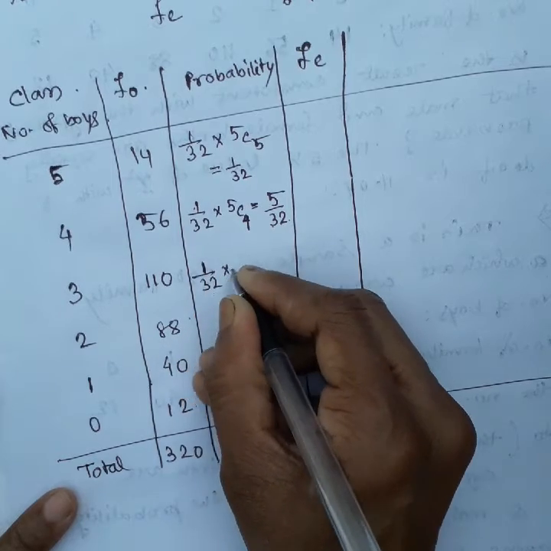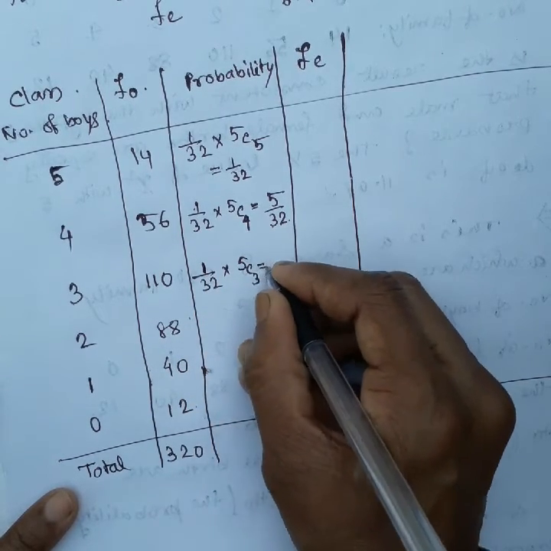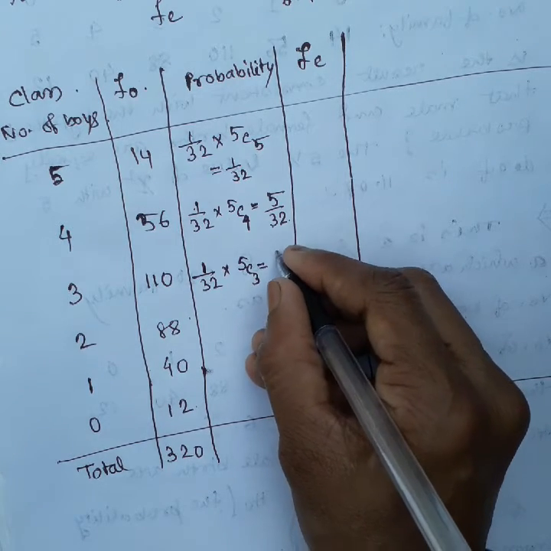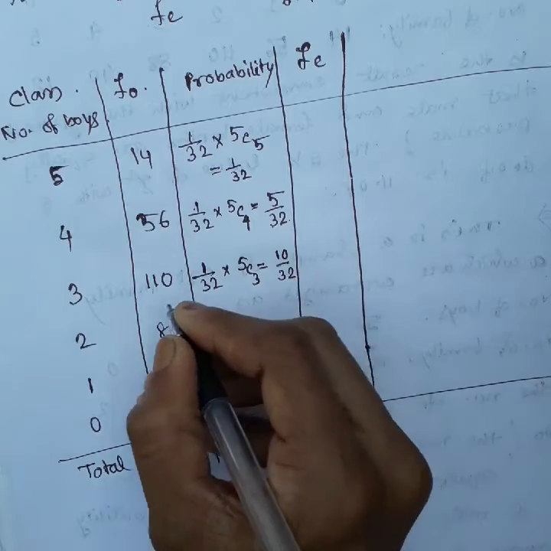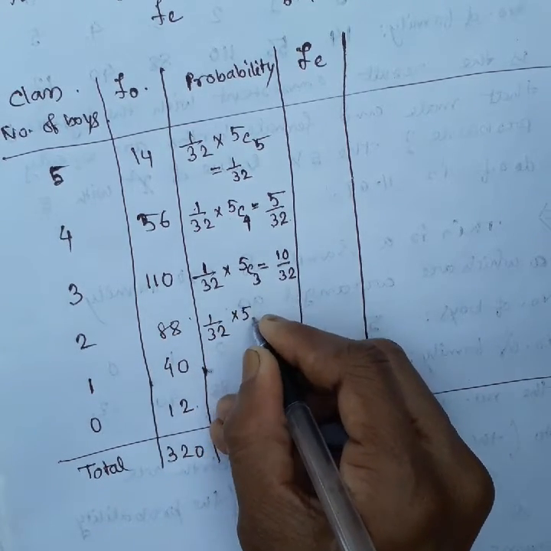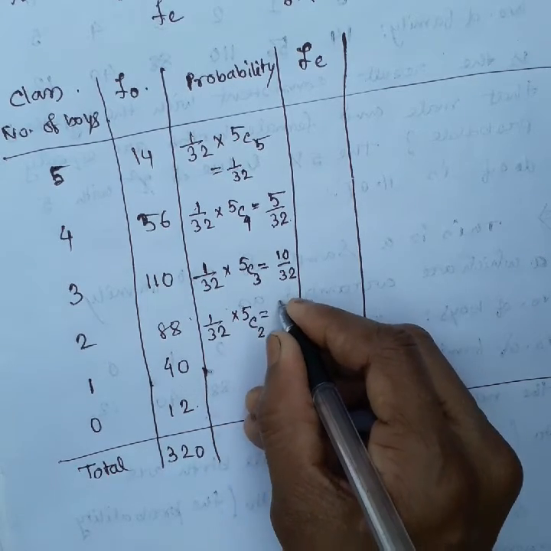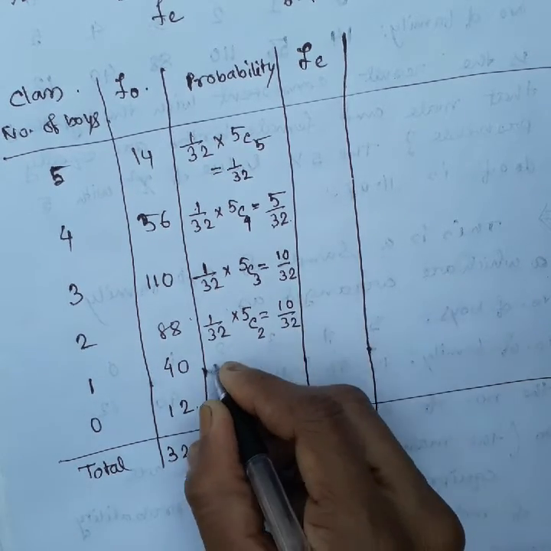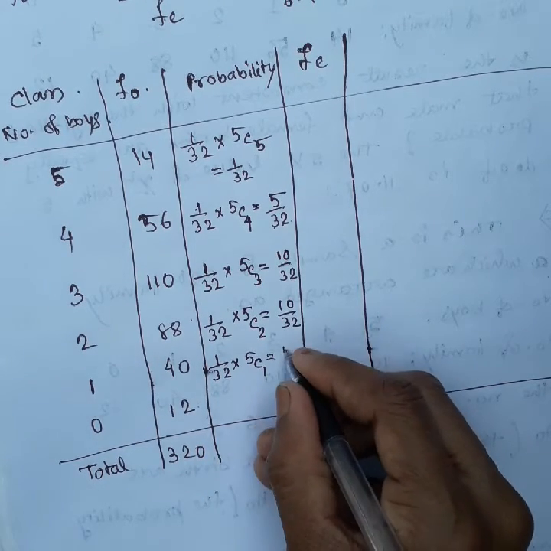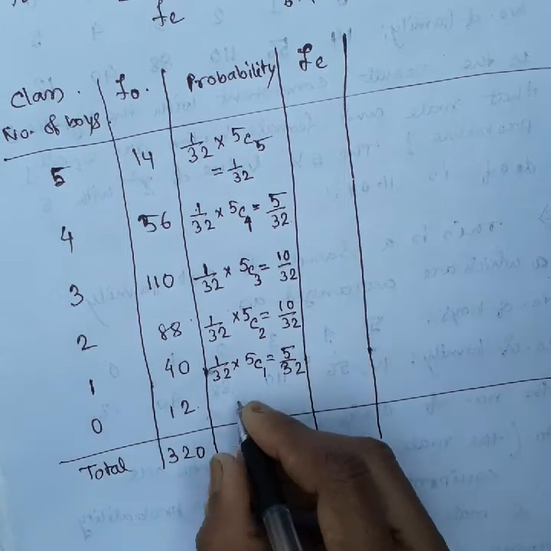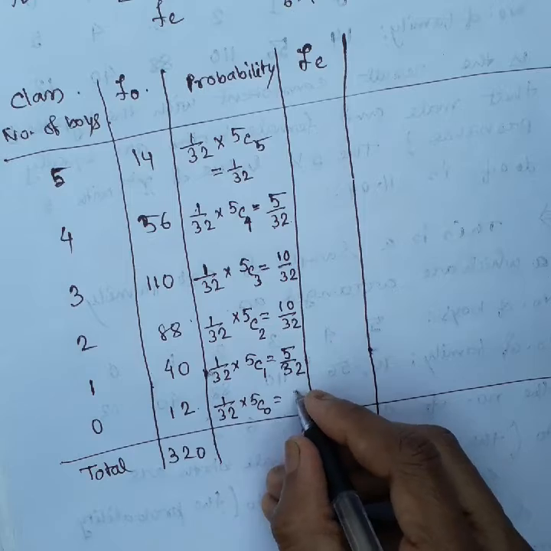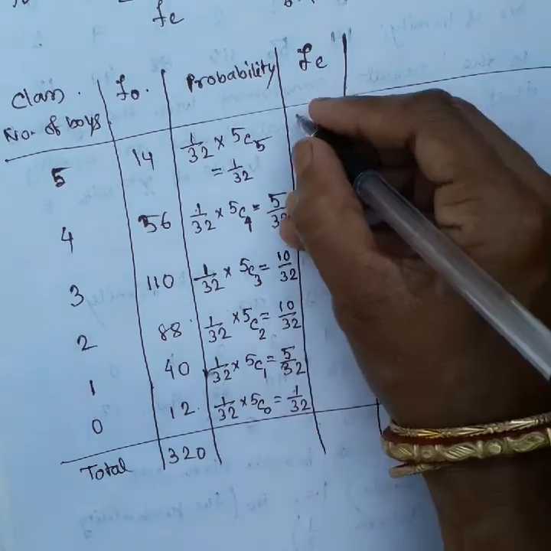This is 1/32 into 5C3, this is equal to 10/32. 1/32 into 5C2, this is also 10/32. 1/32 into 5C1, this is 5/32, and 1/32 into 5C0, this is 1/32.